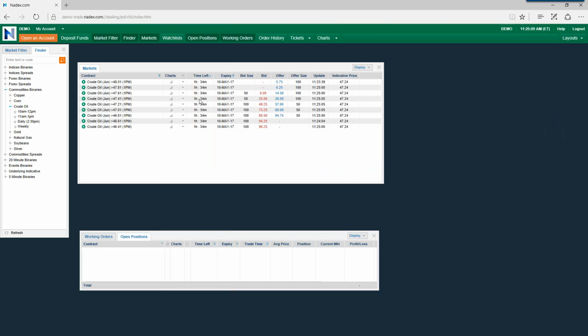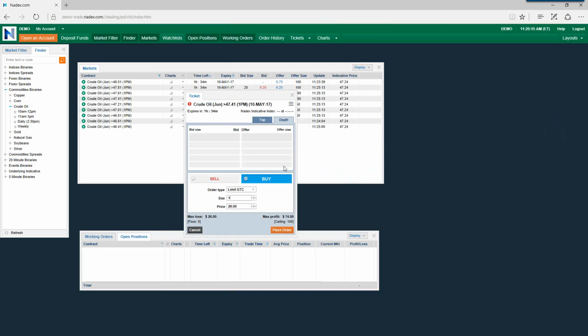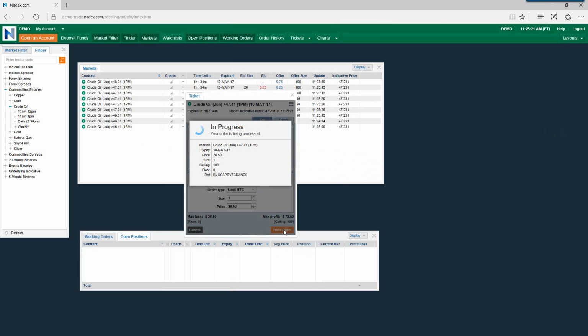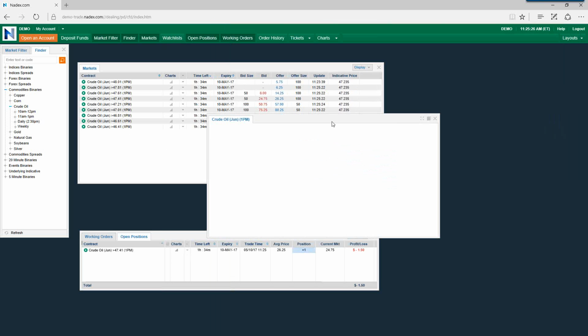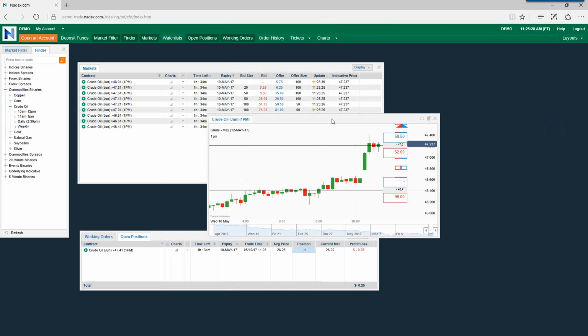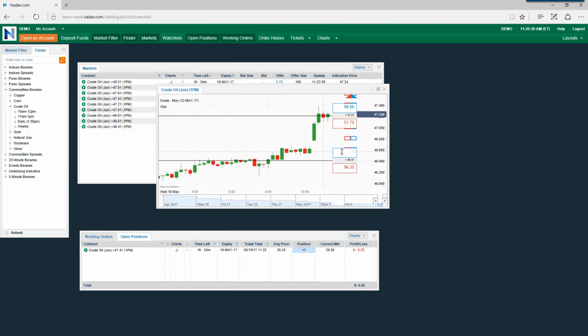Now, I know there's an hour and 34 minutes left on this trade, and I actually think that it's going to go up. So I'm going to do one contract at 26.50, and let's see if we can get the chart up so that you can see how to place your profit target.